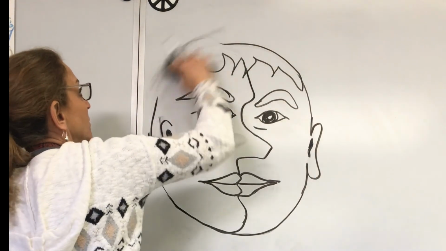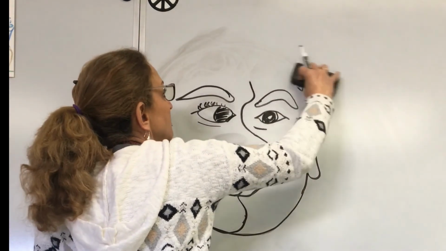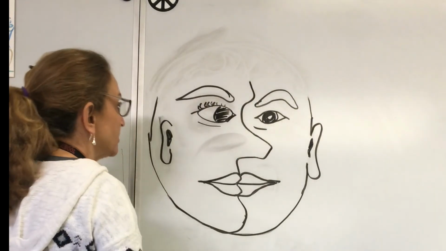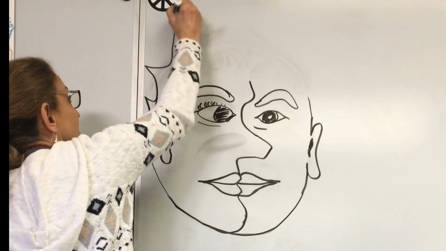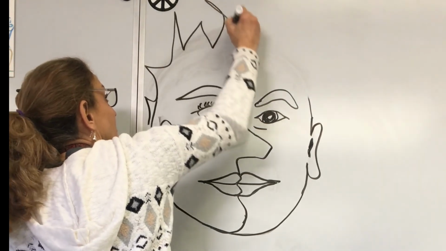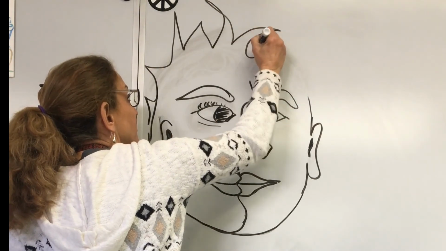Do you want contrasting hair, which is kind of what I did on the first example?